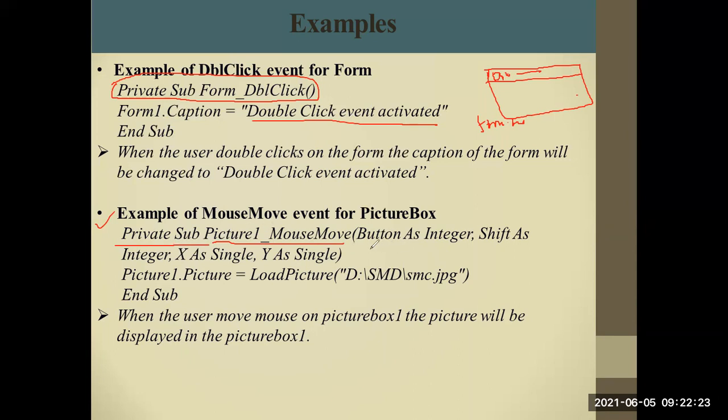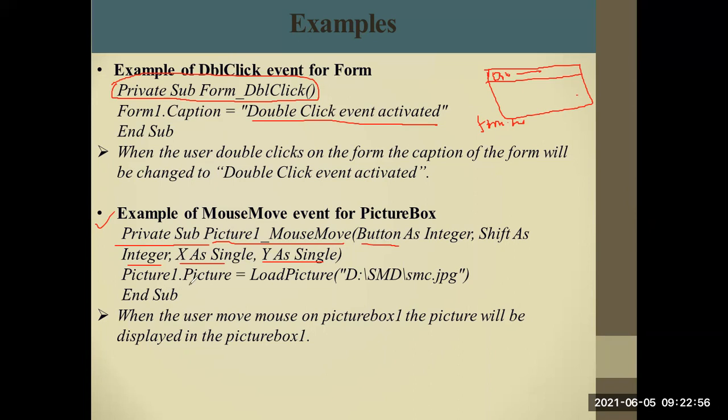Here we have parameters: one is button, which is an integer type, the second is shift, which is again an integer type, then x as a single and y as a single. So basically it will take an input of four parameters.